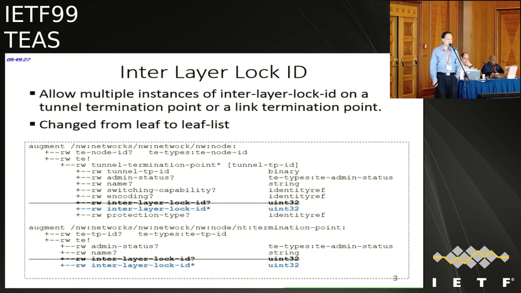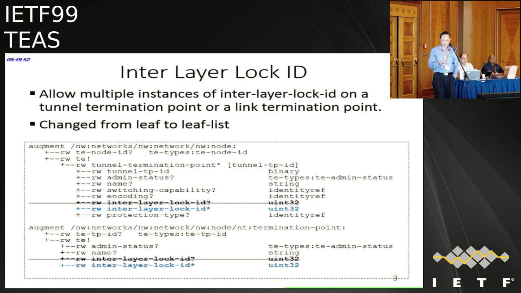So some more details on those changes. Here is the interlayer lock ID. We now allow multiple instances of the lock ID, so here we changed from a leaf to a leaf-list.